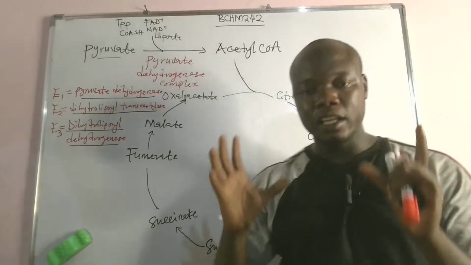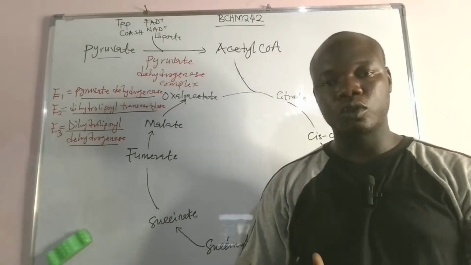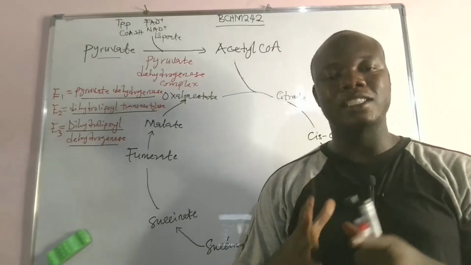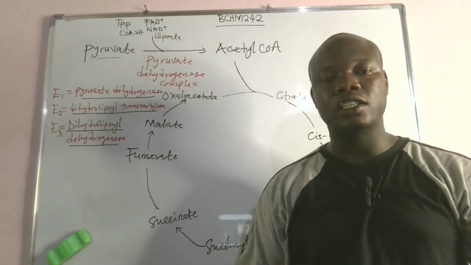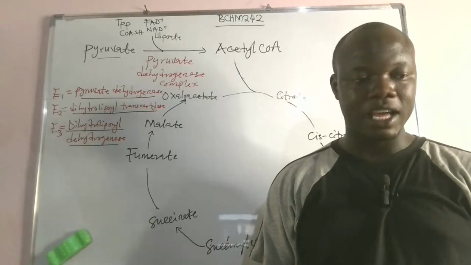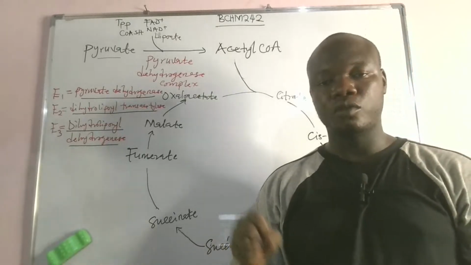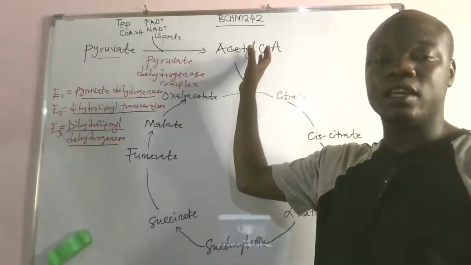So let me repeat myself for those of you that just joined. After glycolysis, two molecules of pyruvate are generated in the cytoplasm, or in the cytosol. Krebs cycle occurs in the mitochondria.